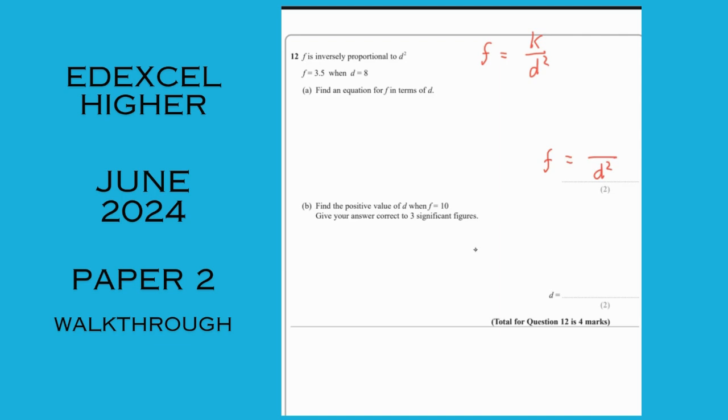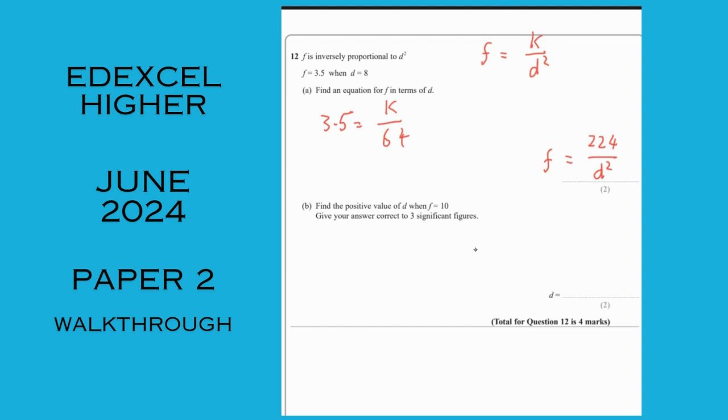In other words, we need to find k. So let's stick in what we know. 3.5 equals k over d squared. So to find k on my calculator, 64 times 3.5, I'm getting 224.